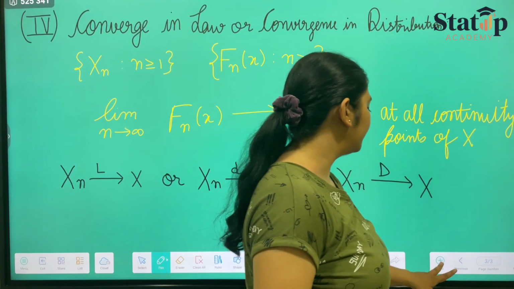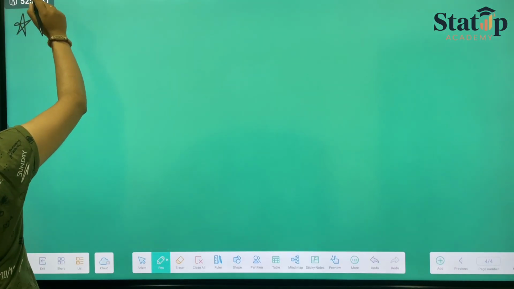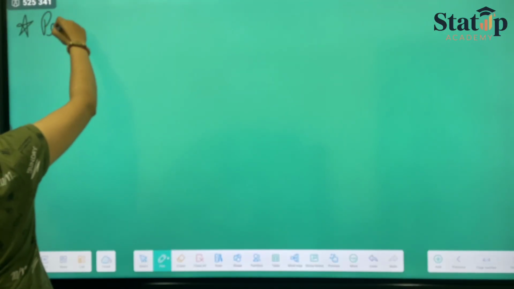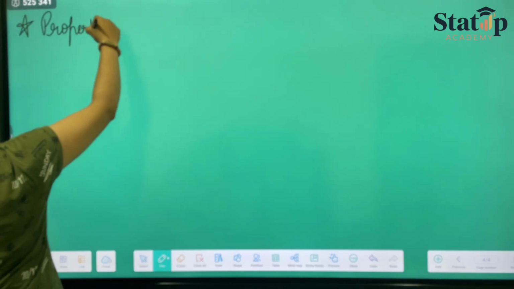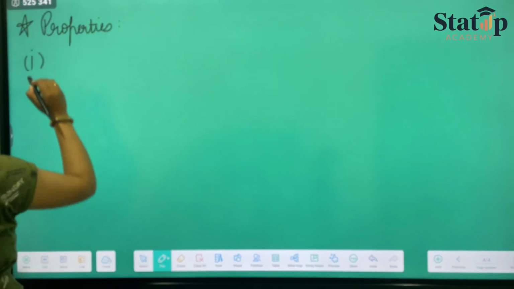Now moving forward to properties of convergence in law. So there are three main properties of this.